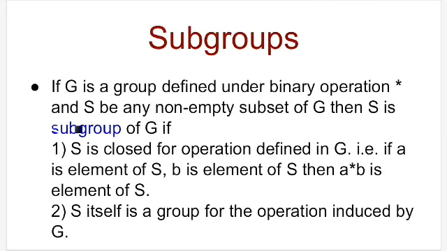So in this way we saw subgroups today: if G is any group under some binary operation and it has some non-empty subset, then that non-empty subset will be its subgroup if and only if that subset is closed under the given operation, and also it forms a group under that operation.